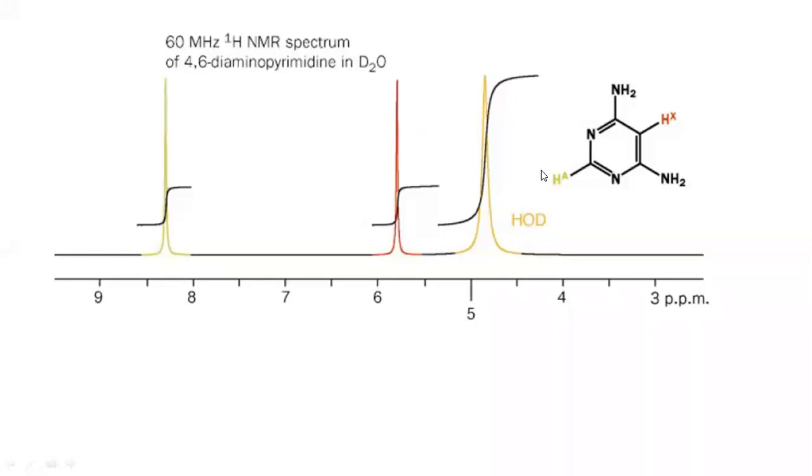Now the point is why HA goes to a higher value and why HX appears at a lower value. The reason is very simple again. HA is connected to this C double bond N, which is just like the aldehyde concept. You see the aldehyde bond, CHO.